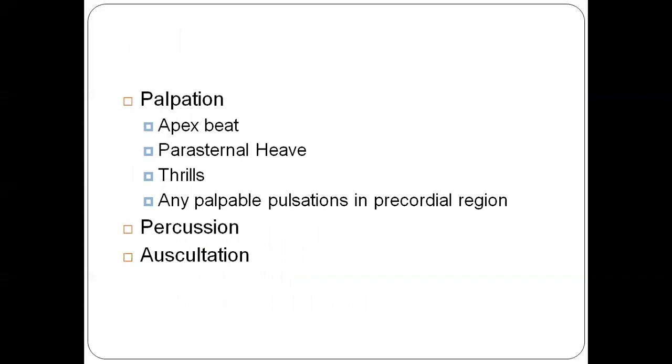First we inspect, and then the second step is palpation. Then percussion and auscultation. In palpation we assess the apex beat, parasternal heave, thrill, and any palpable pulsation in the precordial region. The third step is percussion and auscultation.